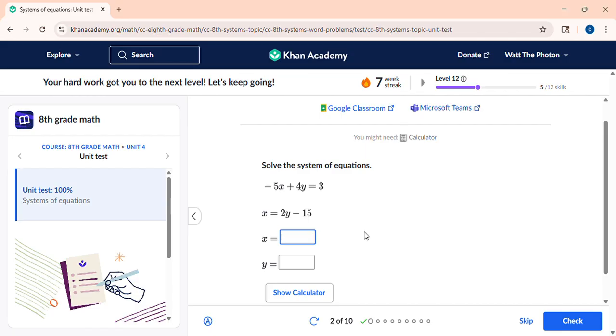We have -6y is equal to -72, y is equal to 12. I think that's right. Y is equal to 12. And then if we plug that back in, we get 24 minus 15, we get 9.